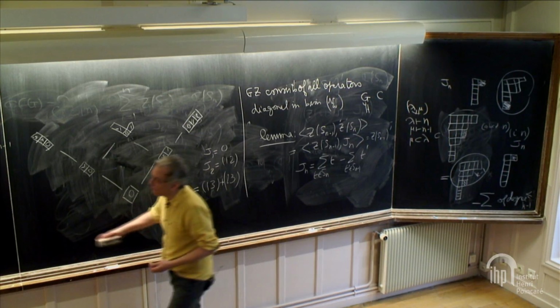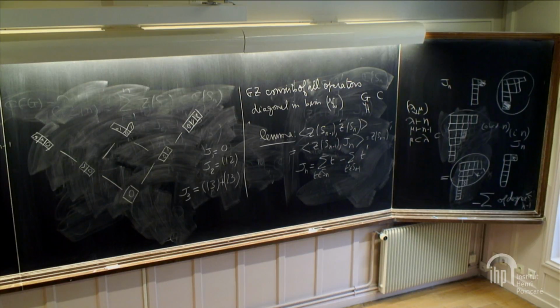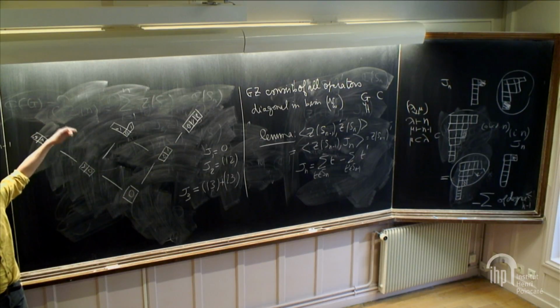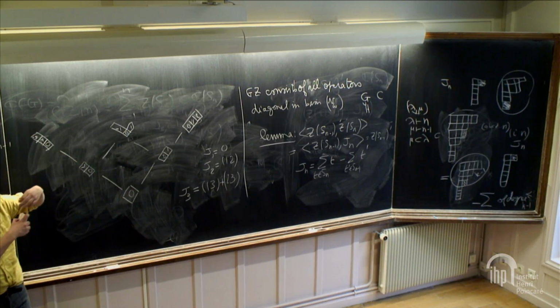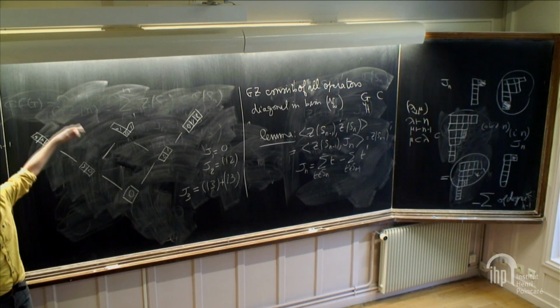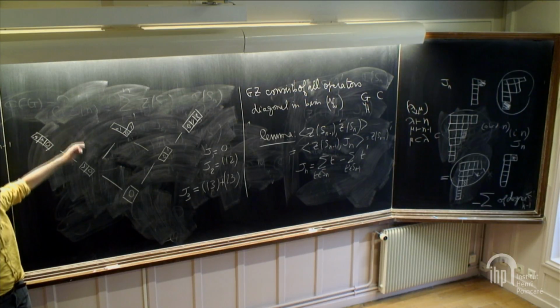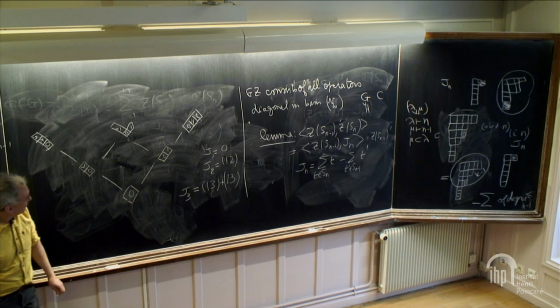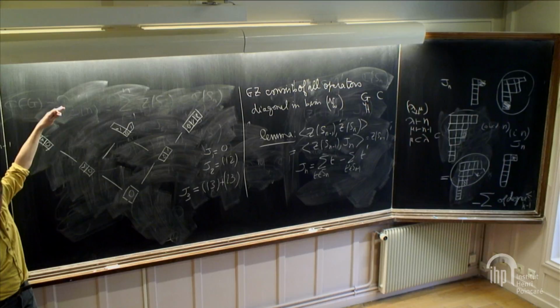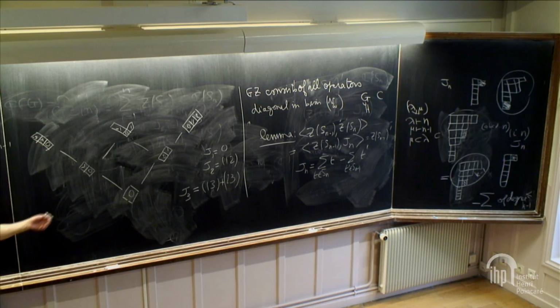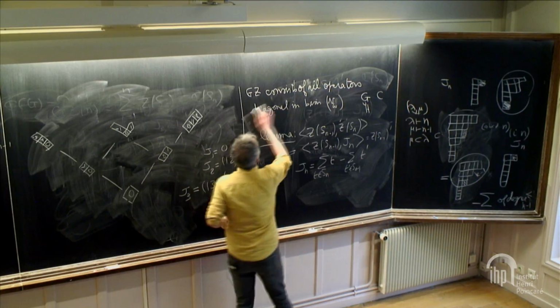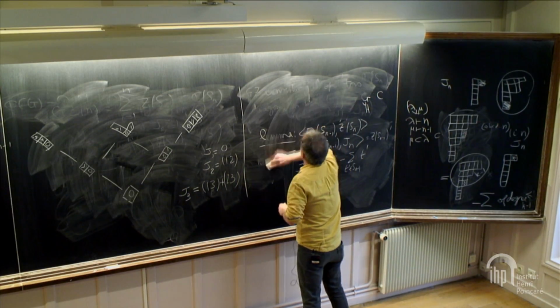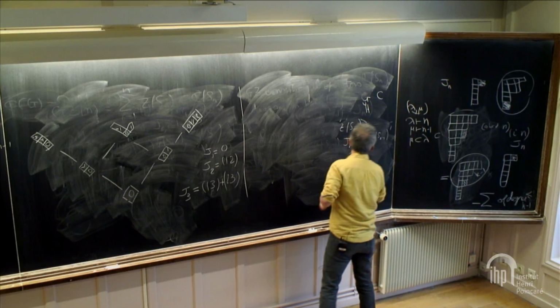What I say is that every path in this graph, a graph of partitions where you have edges between two partitions that differ just by one box, for every path going from this bottom partition to some partition above, I will associate a list of eigenvalues, and my guess is that the eigenvalues are just given by the following. So I give you an example. Again, it's a guess, but we will check that it works.